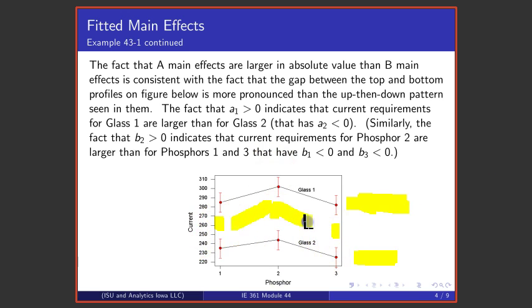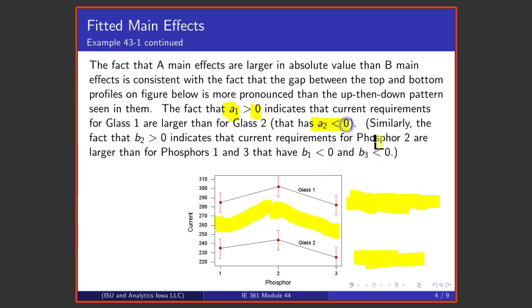That is, this pattern of up and down, these gaps are nowhere near as large as those gaps. The fact that the fitted effect of glass number 1 is positive says that this profile is above that profile.